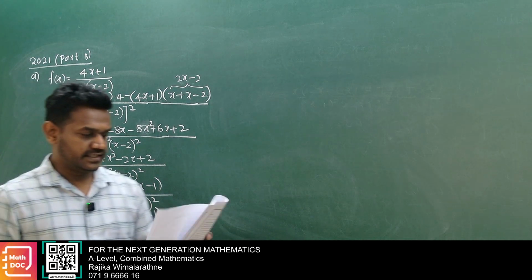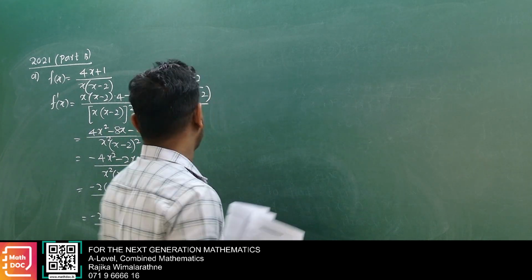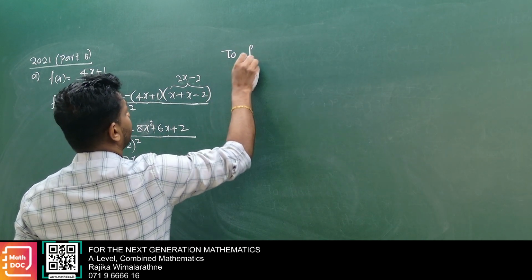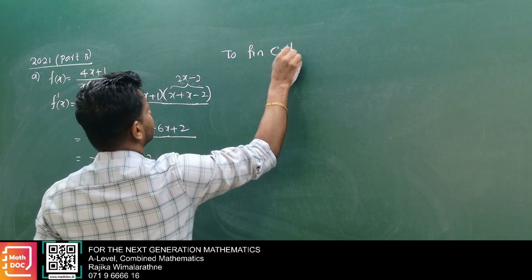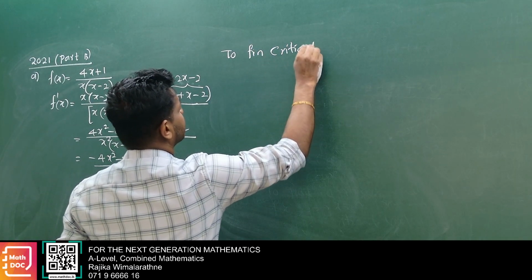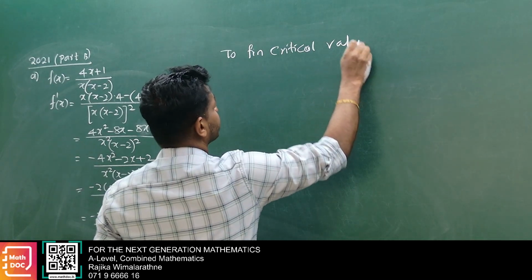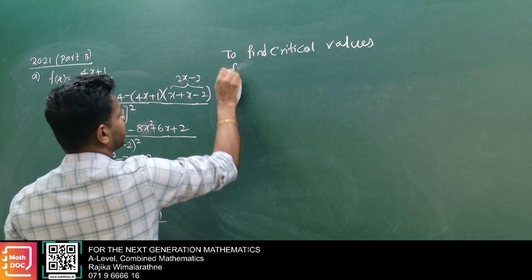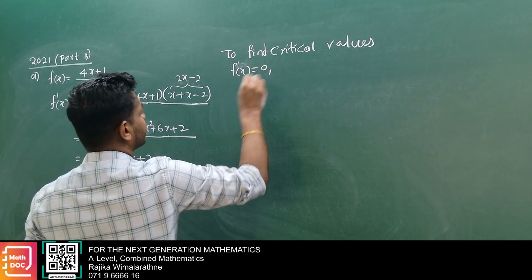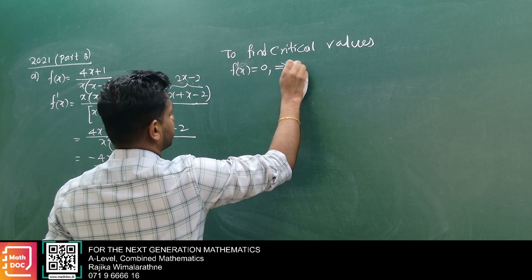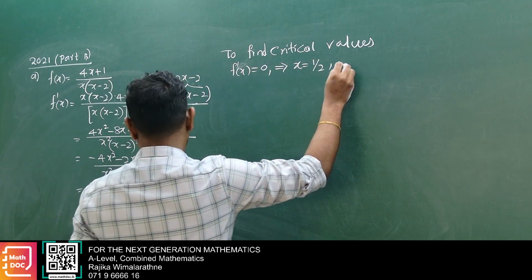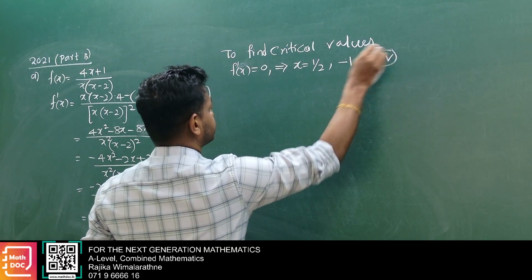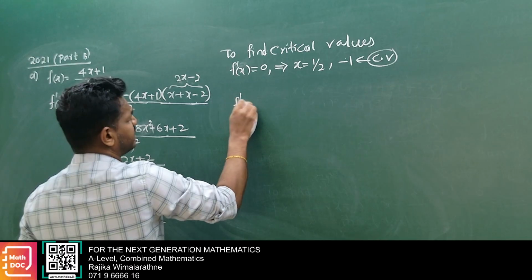Hence we have to find the increasing and decreasing intervals. To find critical values, take f dash x equals 0. Then x equals half and minus 1 are the critical values. Then check the sign of f dash x.